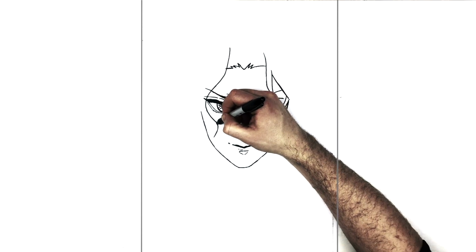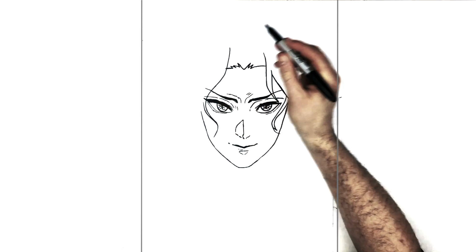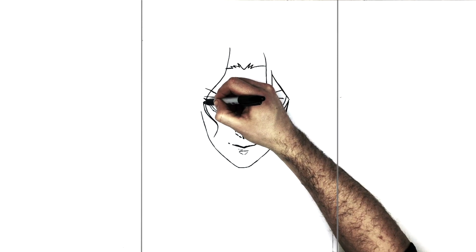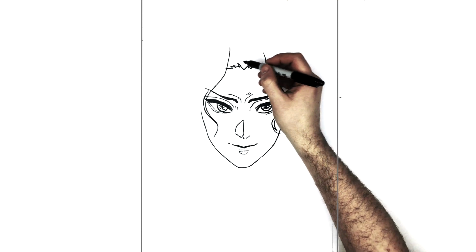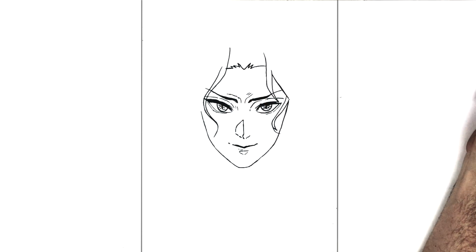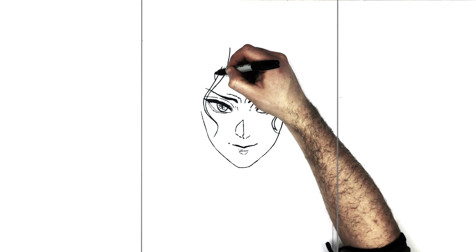And then we just make this a little bit thicker, coming up around his head, back to there. And then we have another hair spike up here.